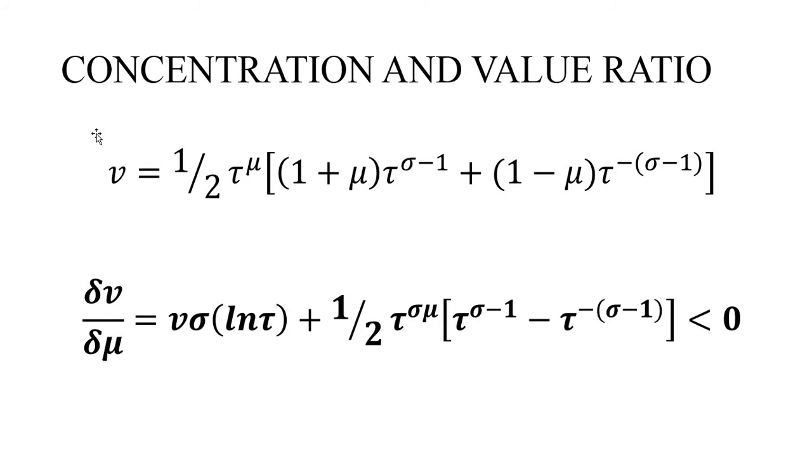Finally, if we are interested in how the ratio of values generated in the second and the first region will be affected by the concentration of manufacturing labor force in the first region, you will have to calculate the derivative of the value with respect to mu, and you will see it's negative.